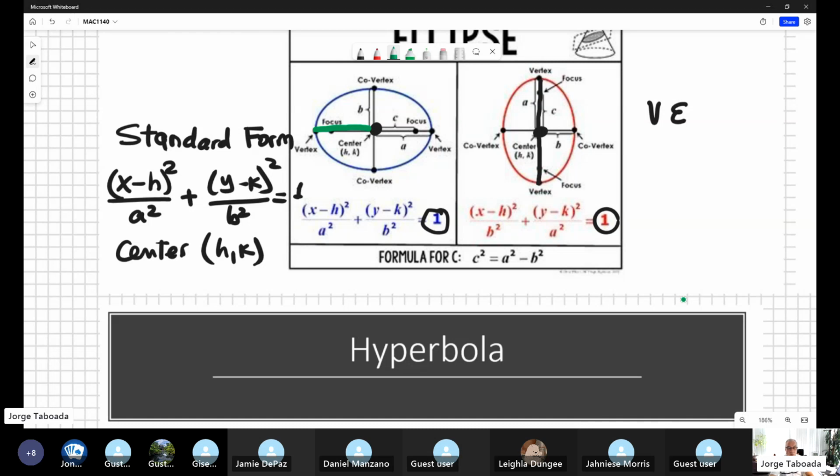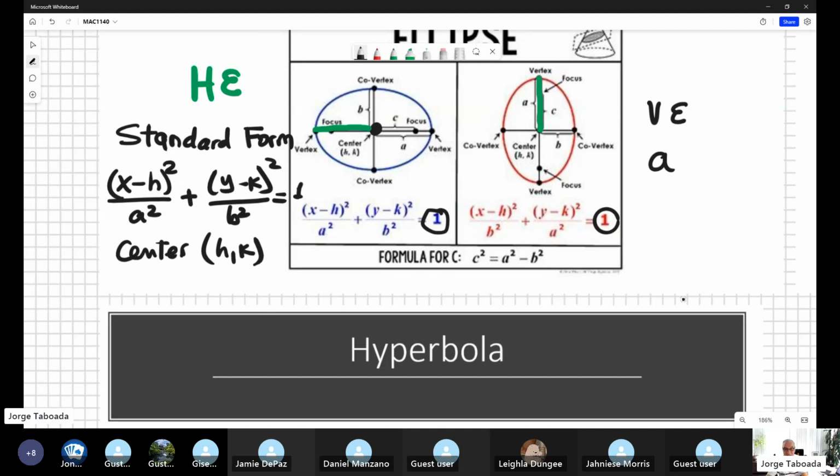In this case, as its name says, it is a horizontal ellipse. Therefore, the major and semi-major axes are segments parallel to the x-axis. And the vertical one, this is the minor axis, and this is the semi-minor axis.